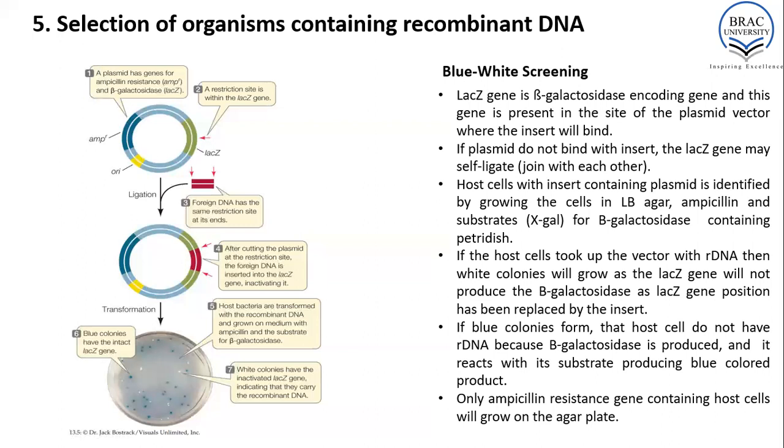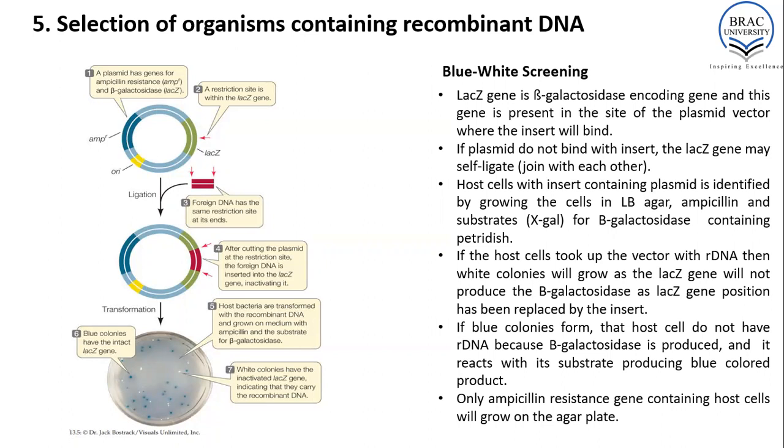In this lac operon, there is a gene called LacZ, and this LacZ gene encodes an enzyme called beta-galactosidase. Production of this beta-galactosidase is induced by lactose or IPTG, as I said before. When expressed, the beta-galactosidase enzyme can break down a dye-like substance called X-gal into galactose and an insoluble blue pigment.